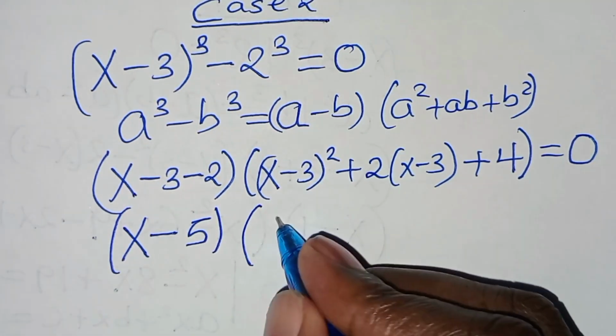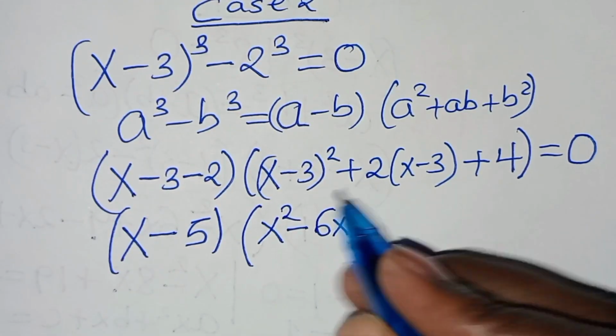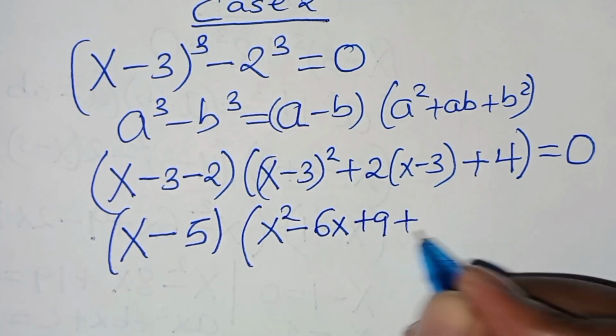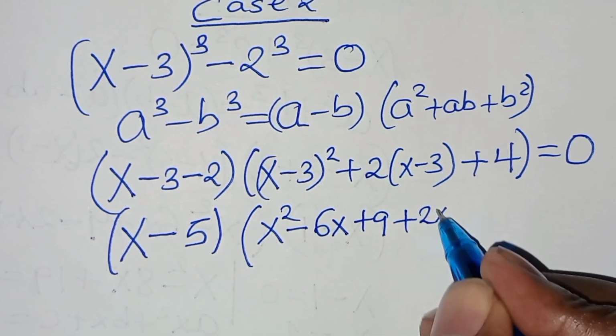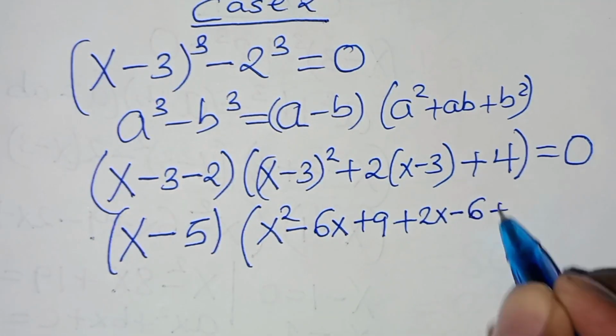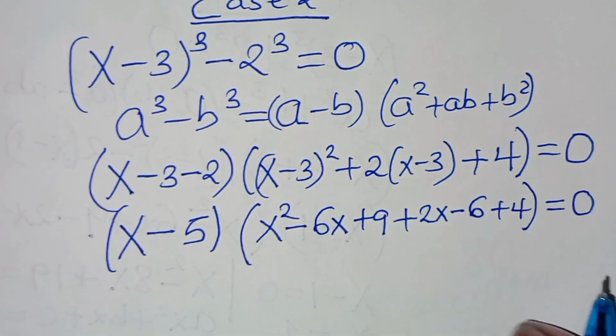Here we have x squared minus 6x, then minus 3 squared, this is 9, so plus 9. Then plus 2 times x, this is 2x, minus 2 times 3, this is equal to 6. Then plus 4, close the bracket, this is equal to 0.